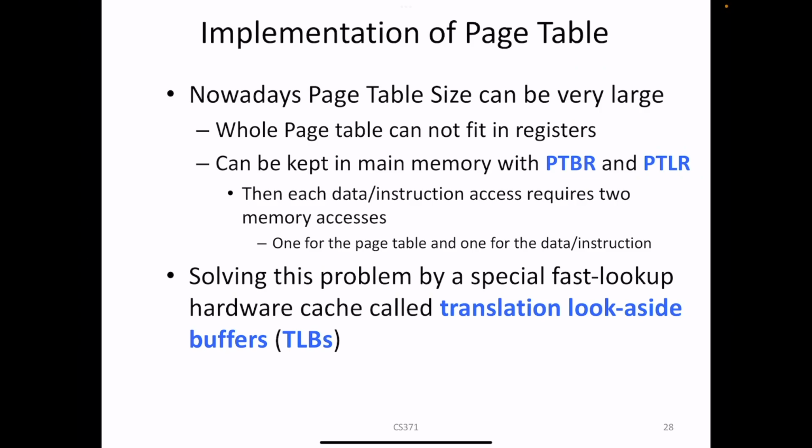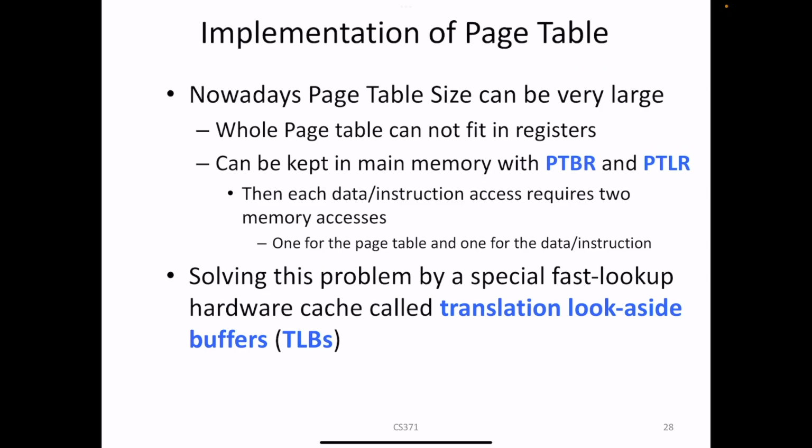It can be kept in main memory with two special registers, PTBR and PTLR, which are short for page table base register and page table length register. The idea is very similar to the process memory access with base and limit registers. So for each data or instruction access requires two memory accesses.